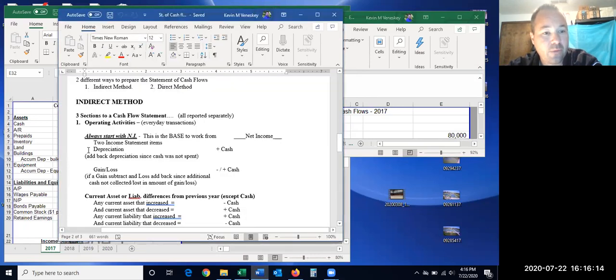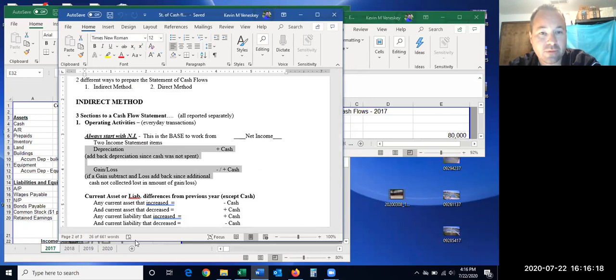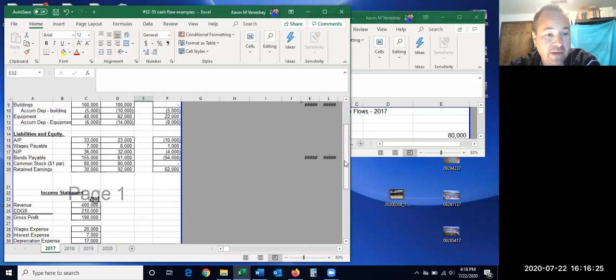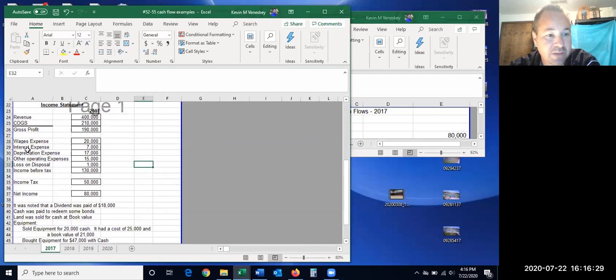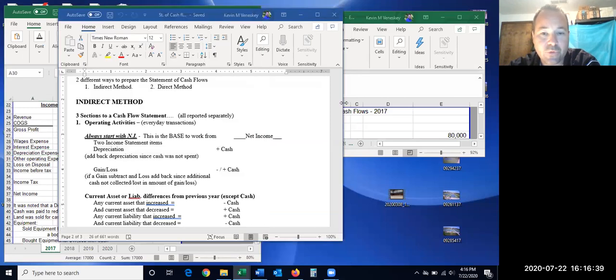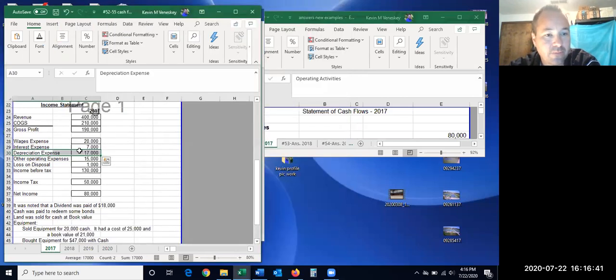Then we said, okay, we need to look for 2 items on the income statement, depreciation, and is there a gain or loss? So let's go ahead and look for those. Go down to the income statement. And depreciation would be in the expenses, and sure enough, we have one. 17,000. And remember, if I want to get rid of that 17,000, I need to act like it's not there.